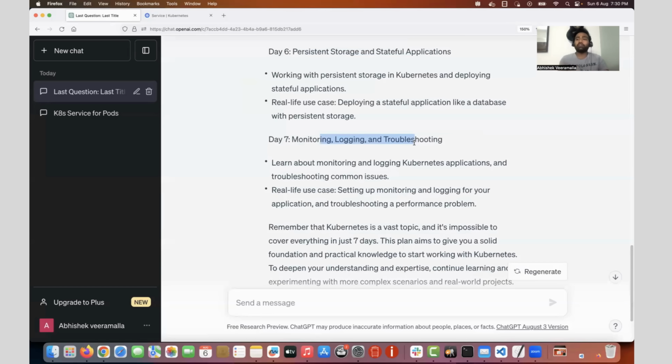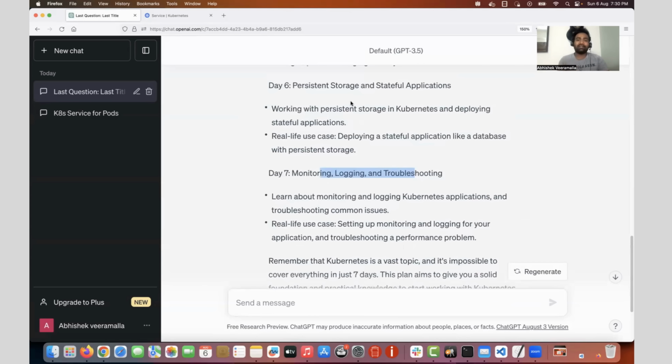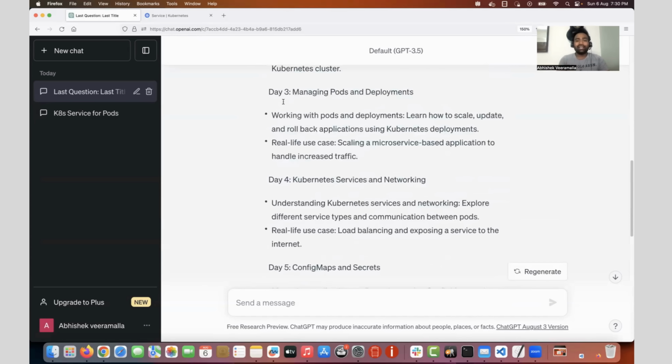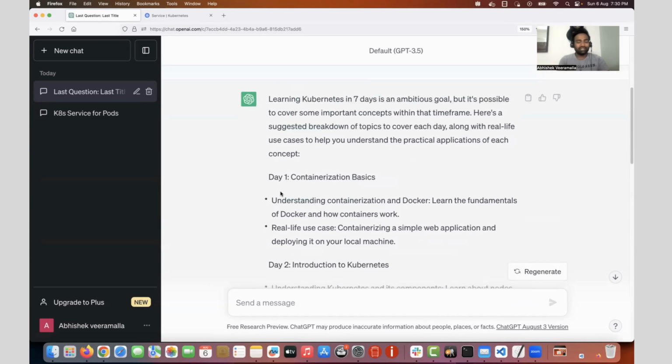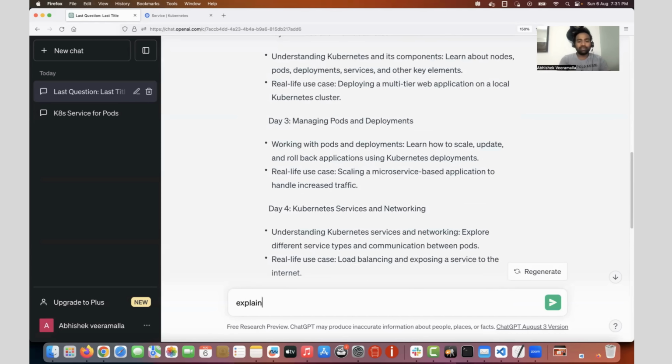Now, what I'm going to do is even more interesting. I can ask ChatGPT, explain topics to learn in day one and summarize each topic.